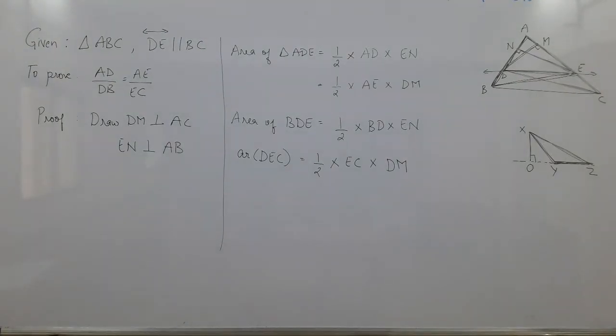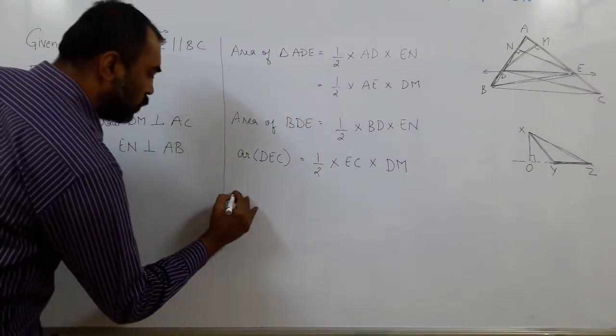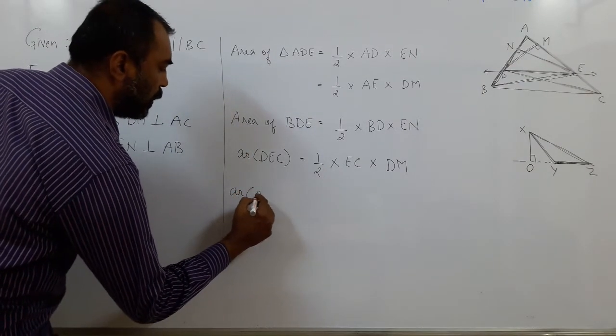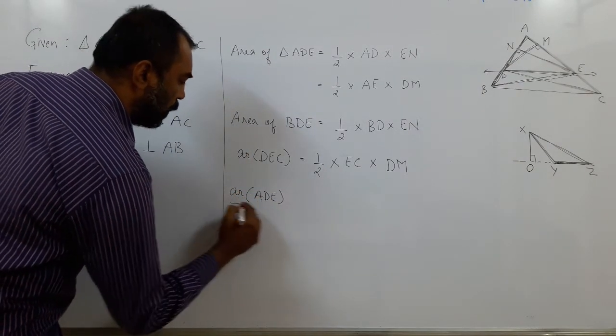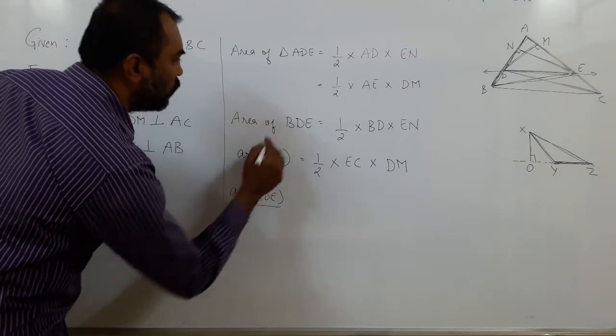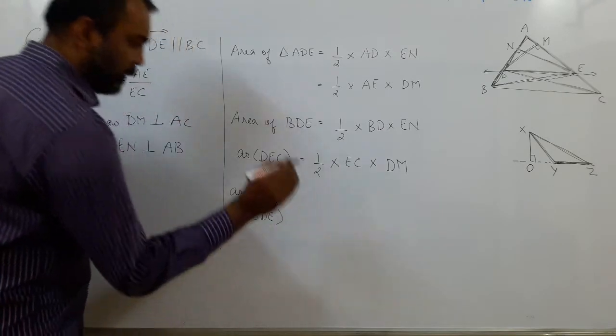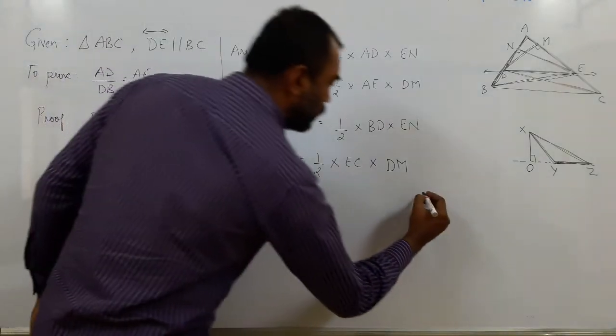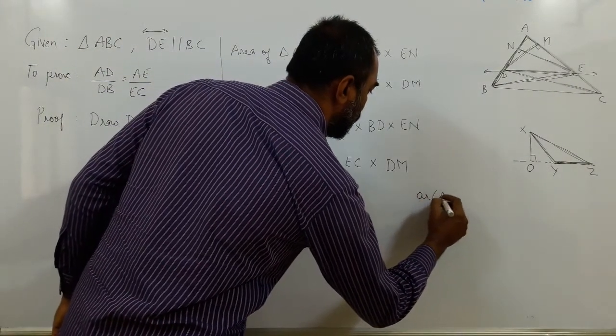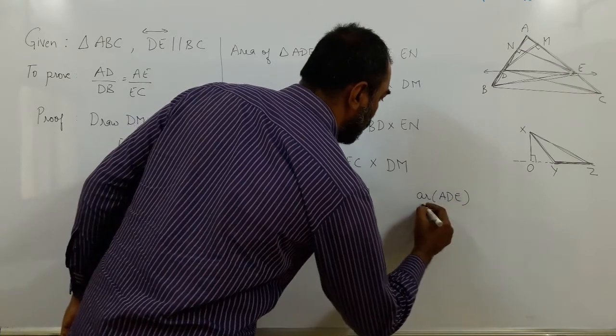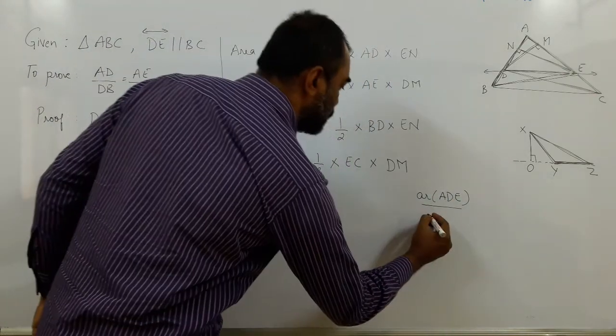Now what will we do next? We will take the ratio of two separate things. We will find the ratio of area of triangle ADE and area of BDE, and separately, the ratio of ADE with DEC.